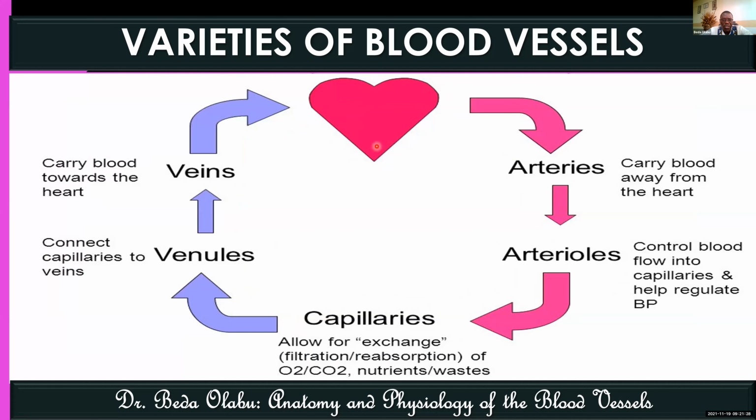So this image shows us what we've said. From the heart, we have arteries, then arterioles, then capillaries, then venules and veins, and then back to the heart. That is one complete circuit.